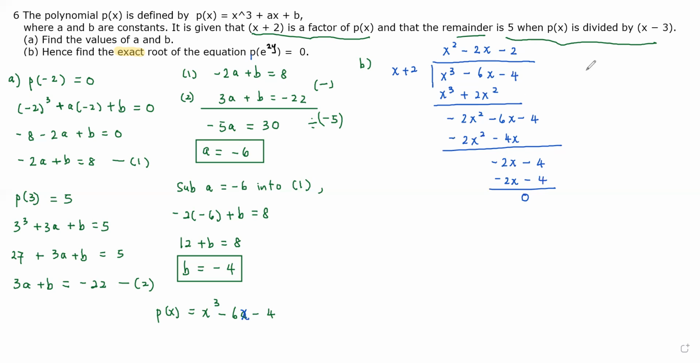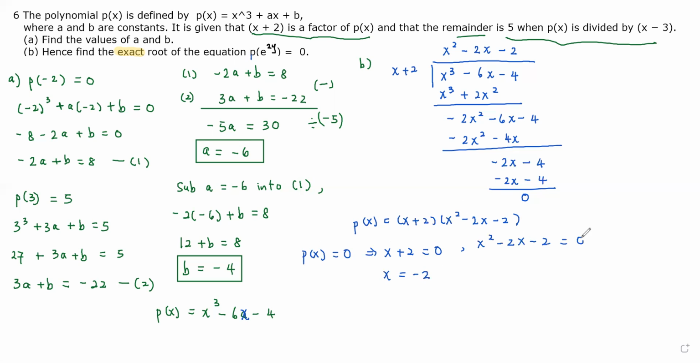From here, we see that p of x now can be written as x plus 2 and x squared minus 2x minus 2. Setting these to 0, we have x plus 2 equals 0, which gives us x equals negative 2, or x squared minus 2x minus 2 equals 0. This cannot be factored.